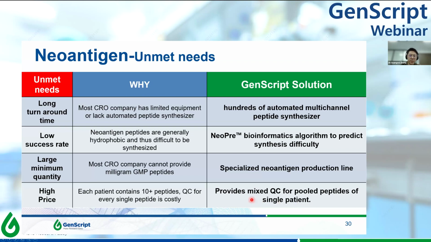So we can provide mixed QC for the pooled peptides, to ensure that in this one batch all the peptides are under the quality standard, so we can guarantee the quality of the neoantigen which we provide.